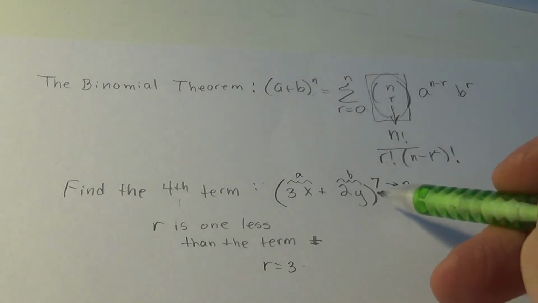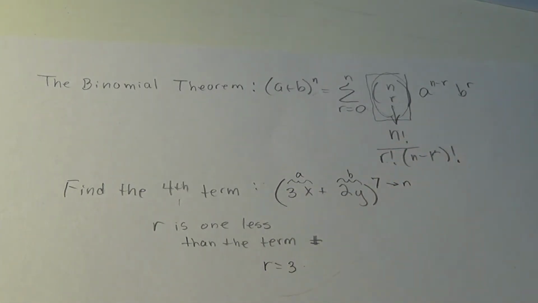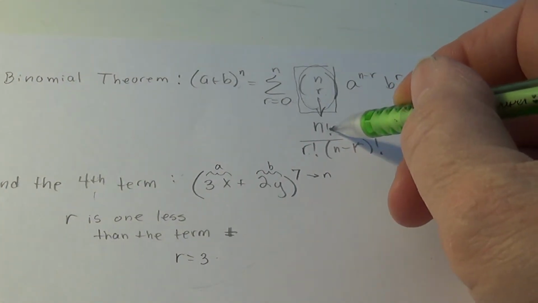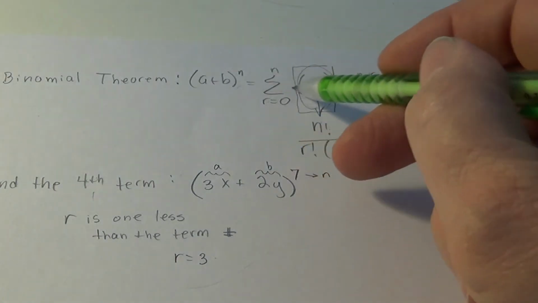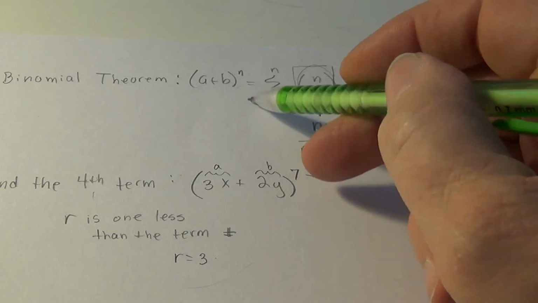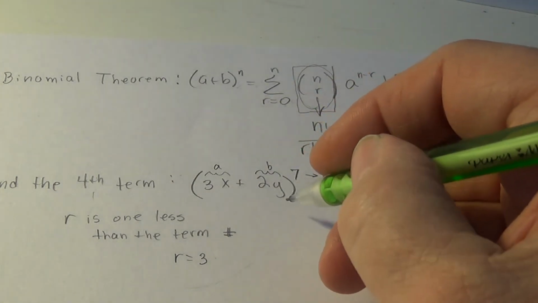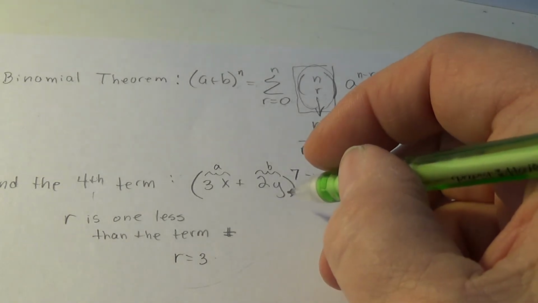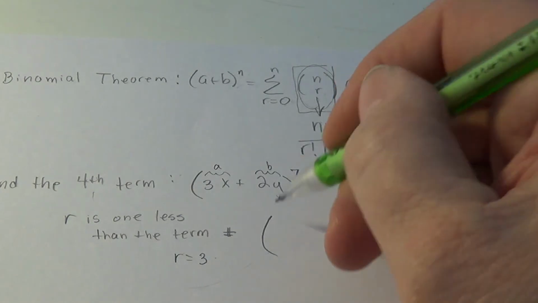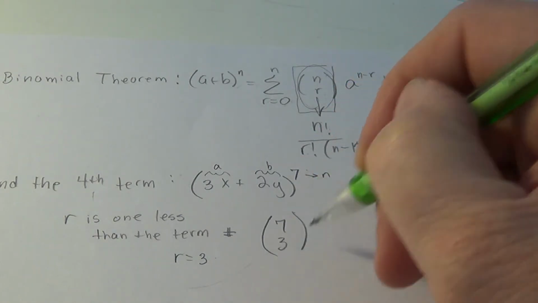So finding the fourth term, I'm going to feed this information into the binomial theorem. Since I want the fourth term, I don't have to add the terms up. This is the summation of all the terms. So I can let go of this and just find the fourth term. The n is still 7, and the r I've identified as 3.